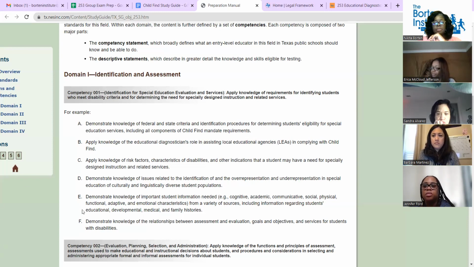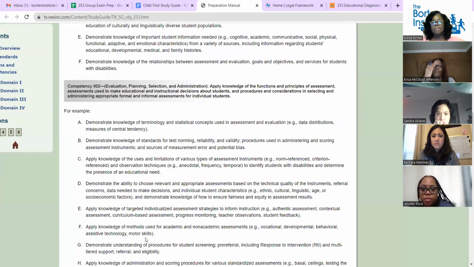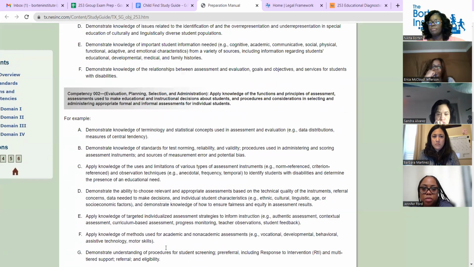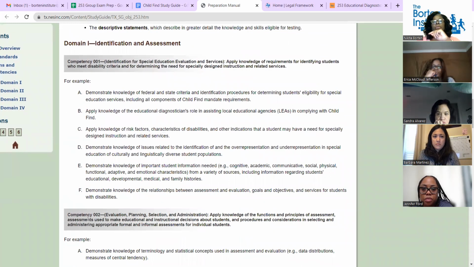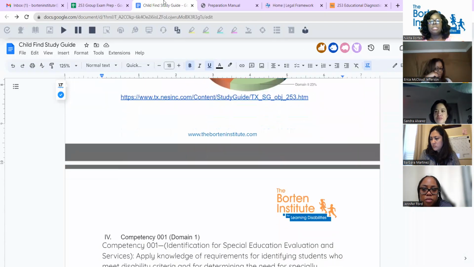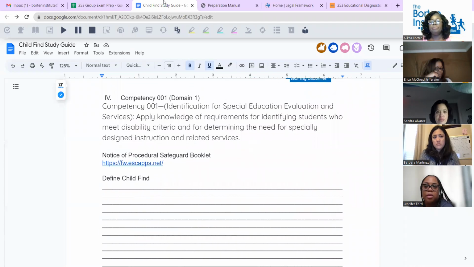These descriptive statements under each one of these competencies are guiding your study. So again, today we're on domain 1, competency number 1. The next time I do a group eval, it's going to be domain 1, competency 2, and so on. Okay, so let's get to competency 1.